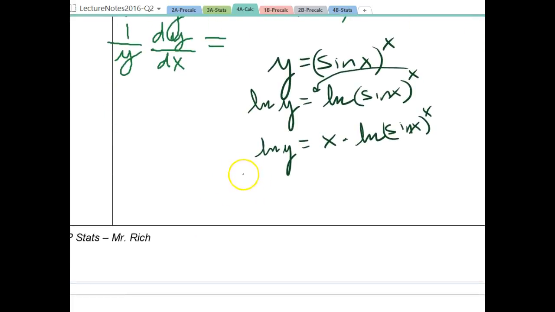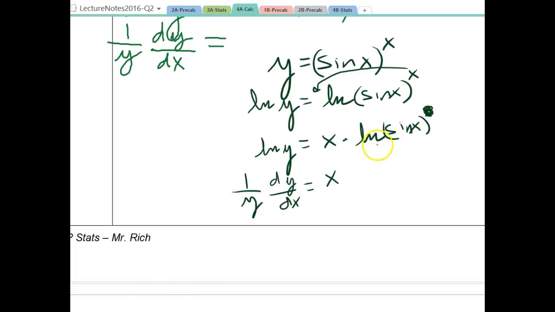Over here, the natural log of something is 1 over the something times the derivative of the whole thing, and the inner derivative of y is y prime, or dy dx. Over here, using the product rule, I'm going to take x times the natural log of sine x. Now the exponent is gone, because we brought that out to the front. So I'm just taking the log of sine x.